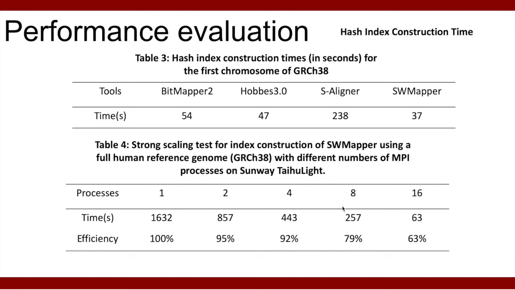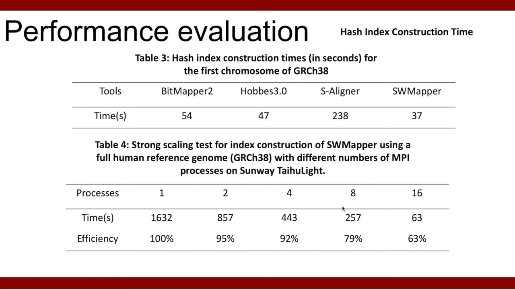Hobbes3 supports parallel index construction and is executed in multi-thread mode, while Bitmapper2 can only use a single CPU thread for index construction. SWMapper and SNAP are executed on a SunWay TaihuLight node. SWMapper uses 1 MPI process. Table 3 shows the results.